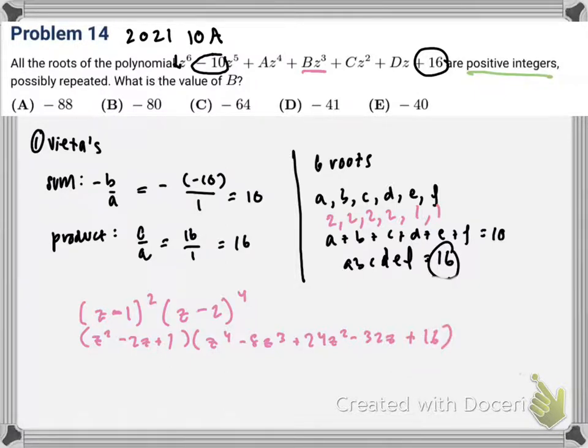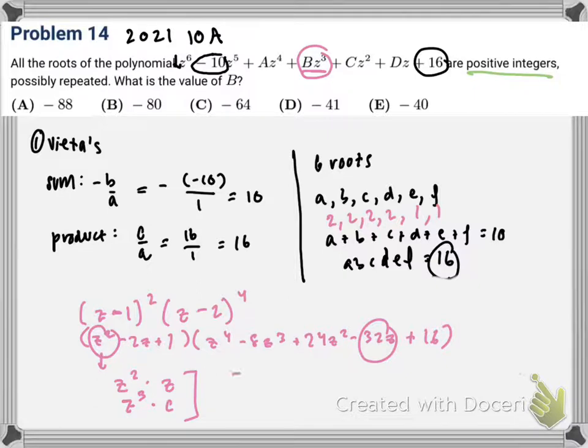Looks about right. And so the value of b is going to be the z cubed term. So it's going to be any combination of a z squared term times a z term, or a z term times a z squared term, or a z cubed term times a constant. Those are the only values I can really have. So let's multiply this z squared term by z term here.